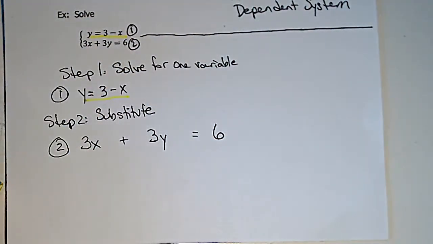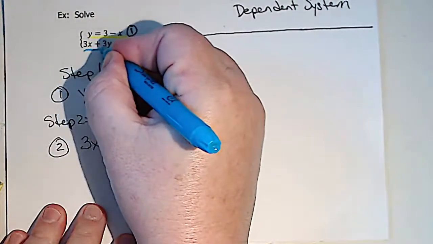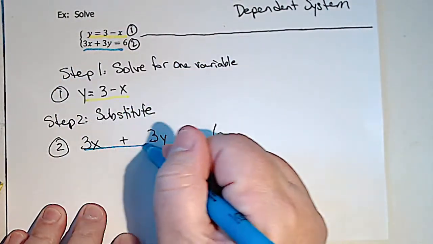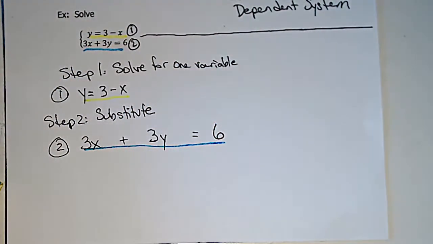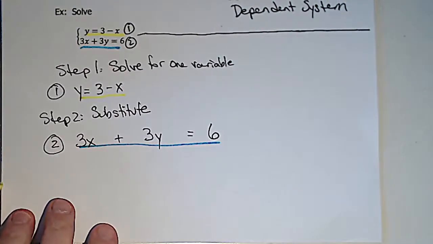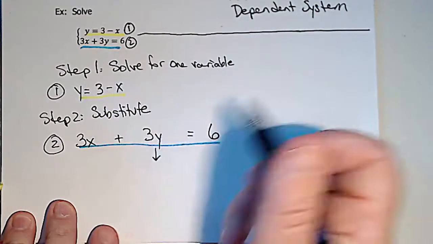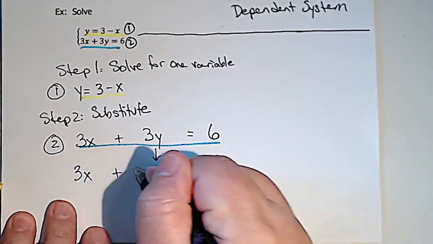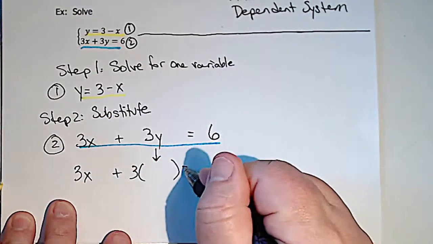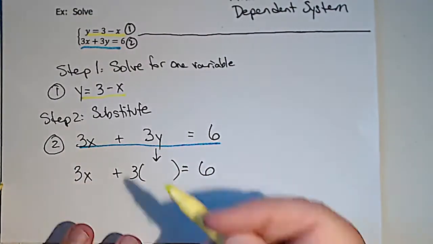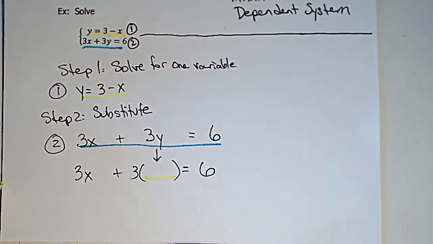And then here's my blue. So I get my other equation out. And then what I do is in place of the y, I'm going to put in this 3 minus x. So I've got 3x plus 3, and then put in the new y equals 6. Okay, so I'm going to put the 3 minus x here.